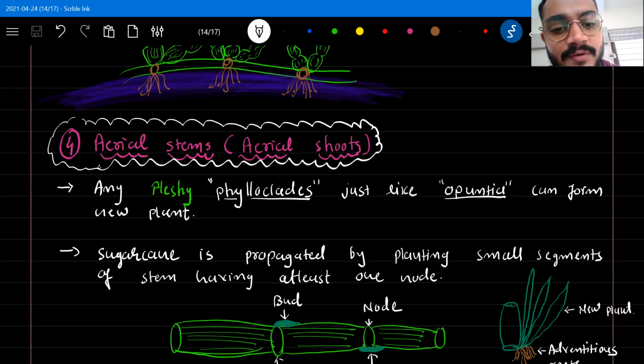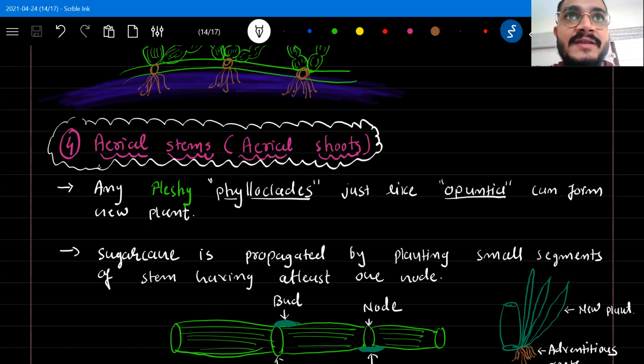If you don't know what a phylloclade is, then it's very difficult for you to understand what an aerial stem is. So a phylloclade is that part of the plant which performs the function of photosynthesis, meaning the part which contains chlorophyll.